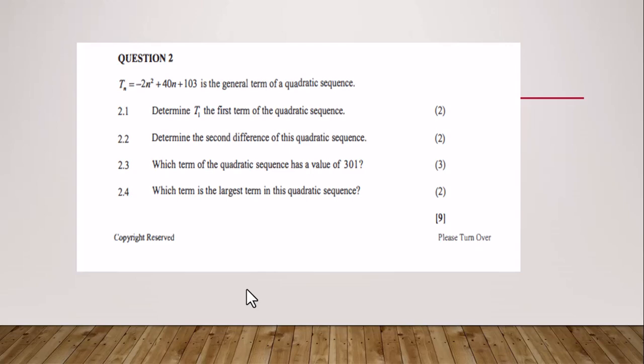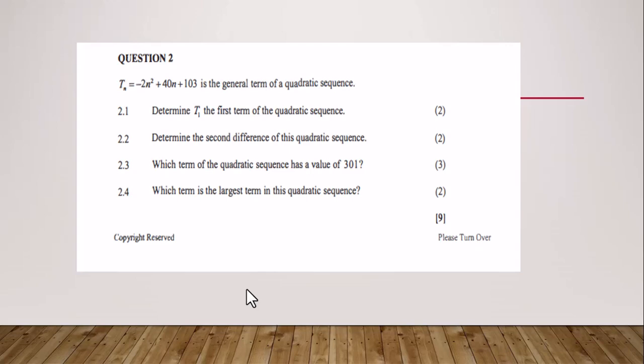And the examiner here is very tricky, because he is never specific here. If he had said which term is the maximum term here, maybe we could have found a way to get around this.